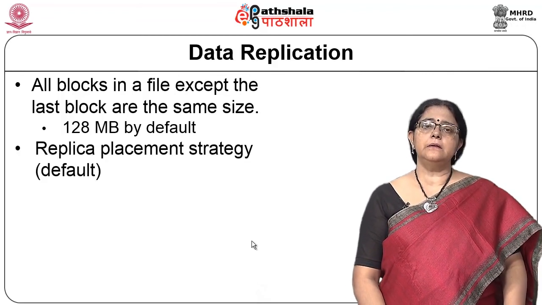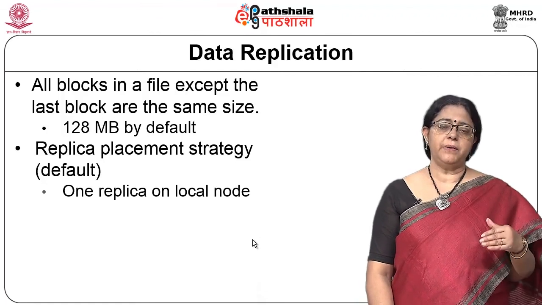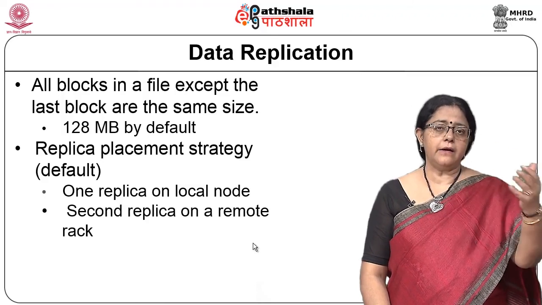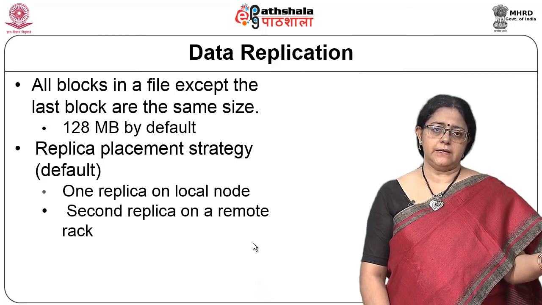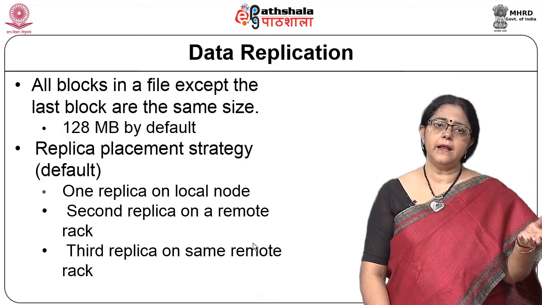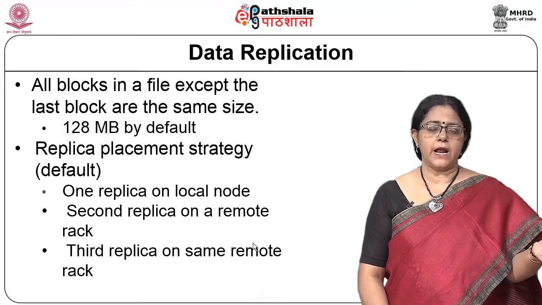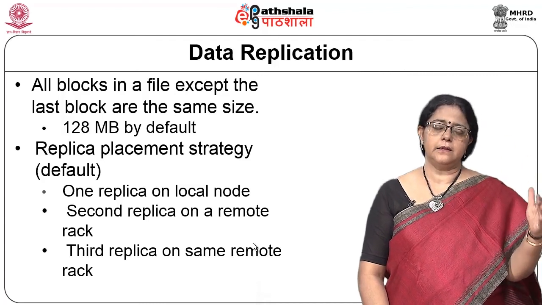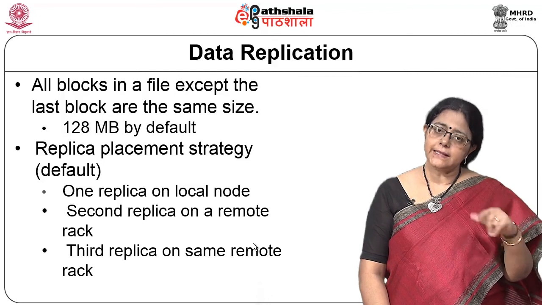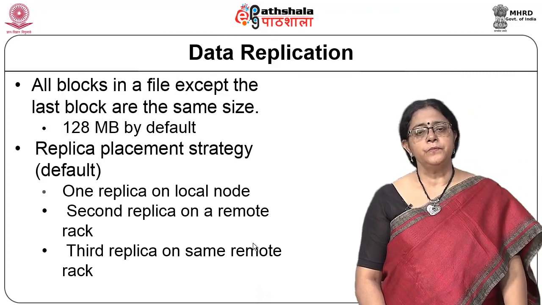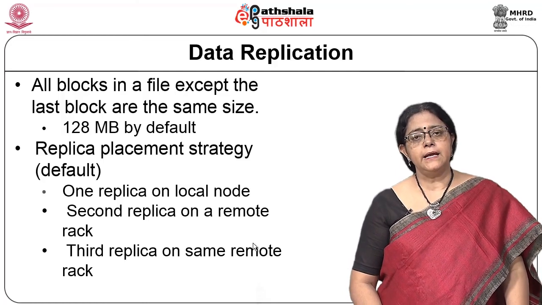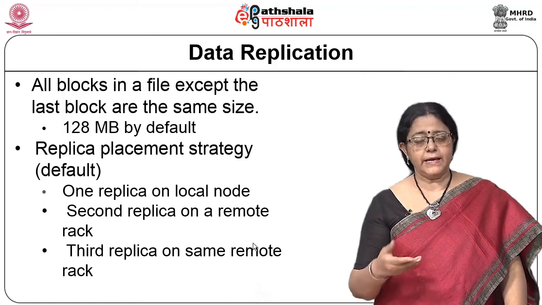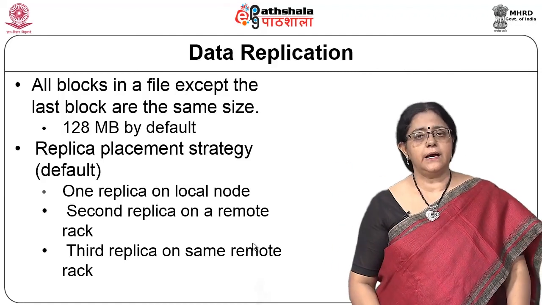The default replica placement strategy is one replica where the data has been submitted, that is the local node, another replica in a rack away from this one, in another rack, and a third replica in that same remote rack on a different node. The idea behind this is that if the local data node fails, the other rack's node will be working. If the rack fails, then also the other rack will be working.